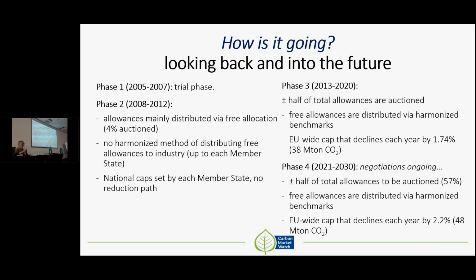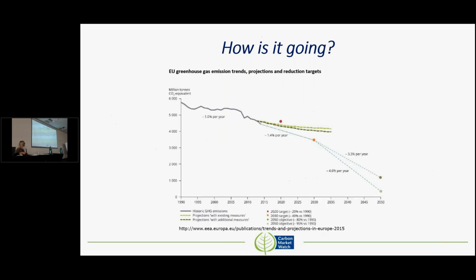And we still have an EU-wide cap that declines each year. It declines a bit higher than previously. Before it was 1.74%, and now it's supposed to be 2.2%. The negotiations at the moment suggest that the Parliament will go for an even higher linear reduction factor, but still a linear reduction factor that's nowhere near where we should get.